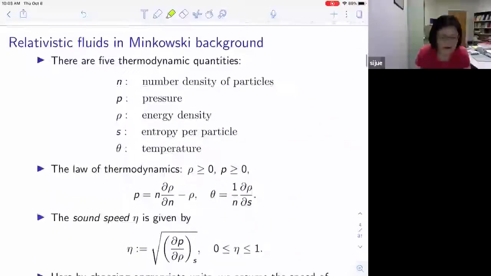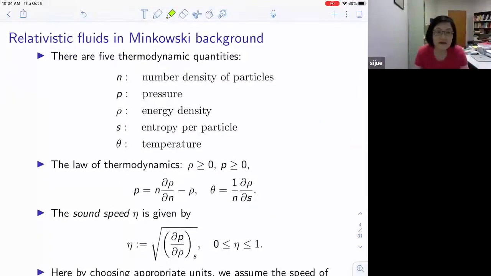Now we need some additional quantities to describe the fluid motion. n is the number density of the particles, p is the pressure, rho is the energy density, s is the entropy per particle, and theta is the temperature.